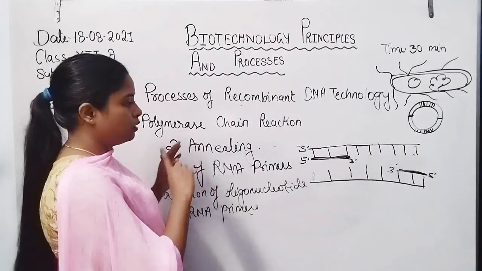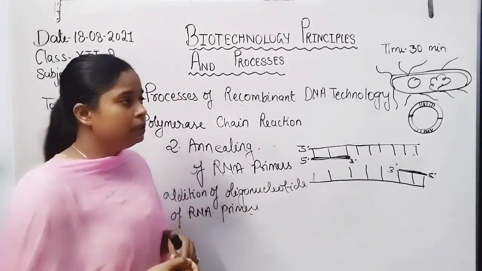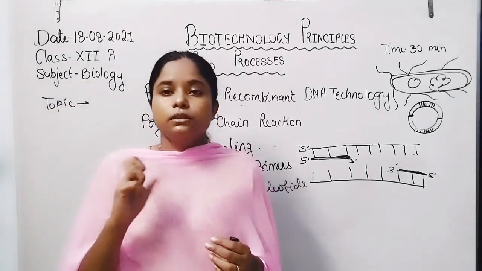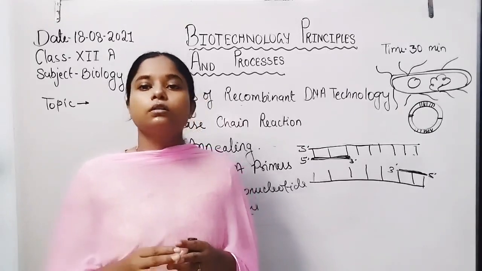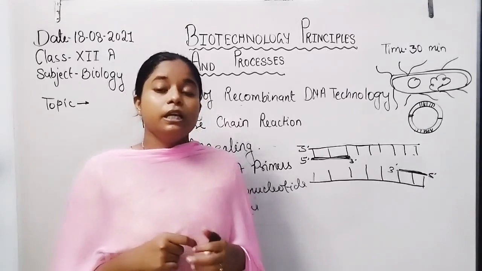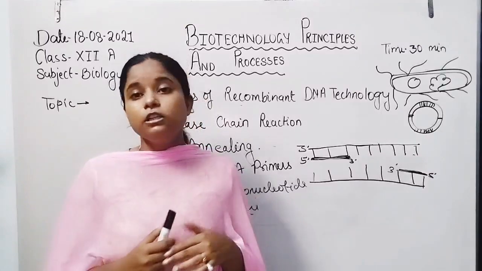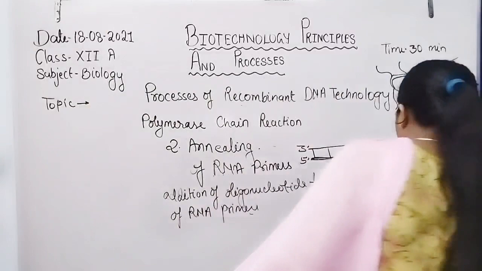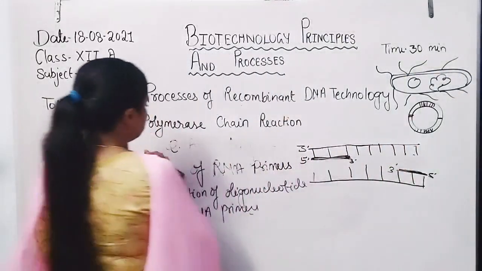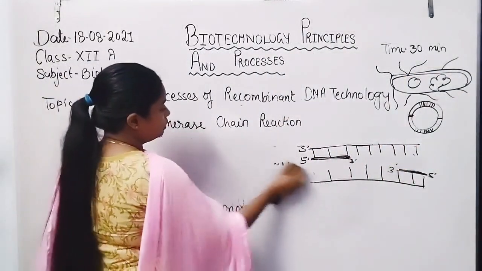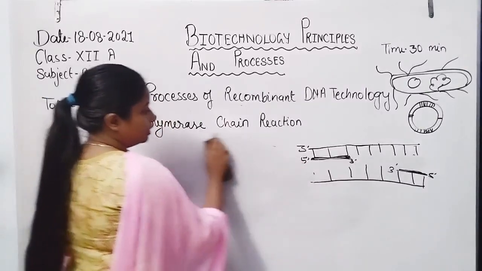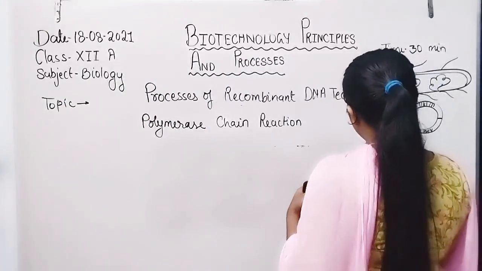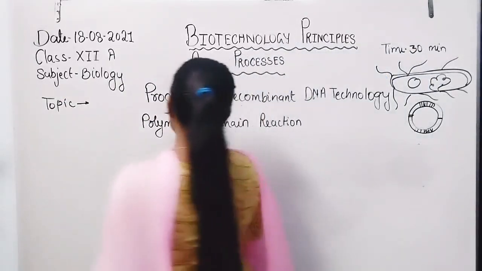Now after this, there is the addition of DNA polymerase, but not the human DNA polymerase. In PCR we generally use the Taq DNA polymerase. So what is Taq DNA polymerase? Why do we use Taq DNA polymerase, not human polymerase? Because human DNA polymerase or bacterial DNA polymerase can act only at a specific temperature.